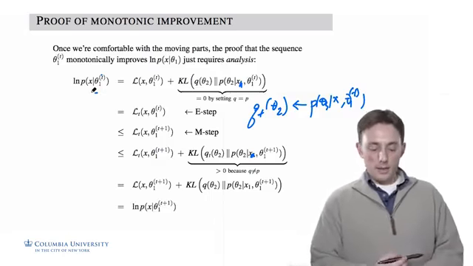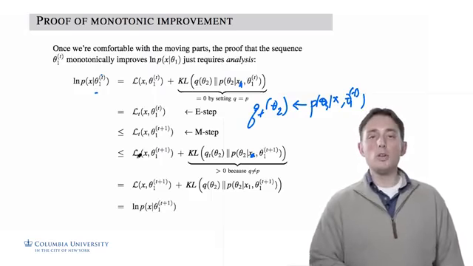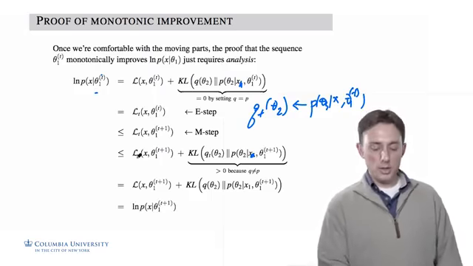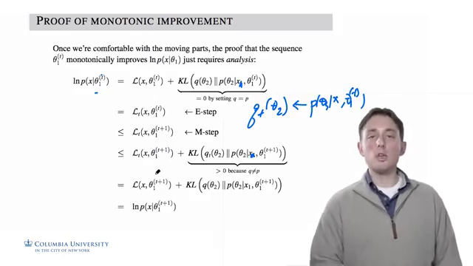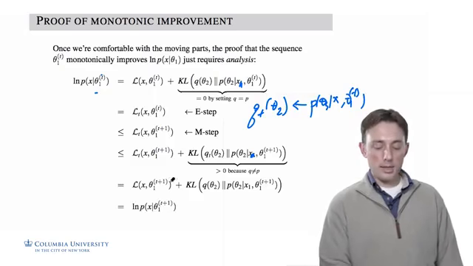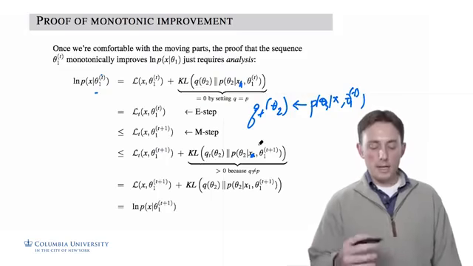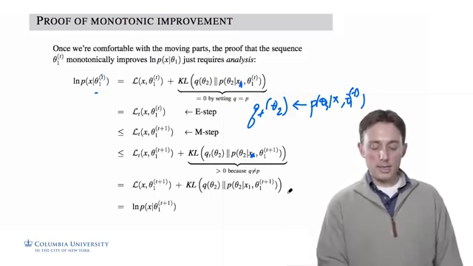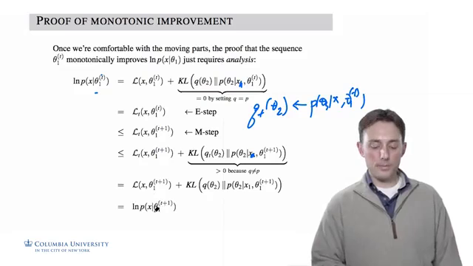Okay, finally, we want to simplify this thing. So first, let's now let Q suddenly be free to change. And now we simply remove the subscripts and we let Q be anything that we want it to be. However, we note that these two things add up to the same thing for all values of Q. And then finally, we can recognize that the sum of these two terms is equal to the log of the likelihood of x, given the value of theta 1 at iteration t plus 1.